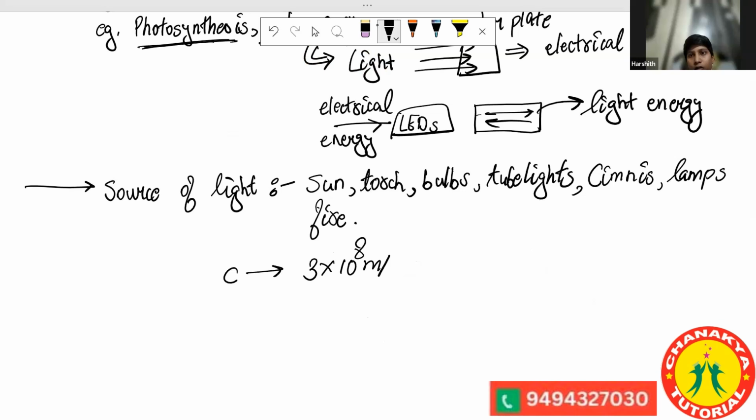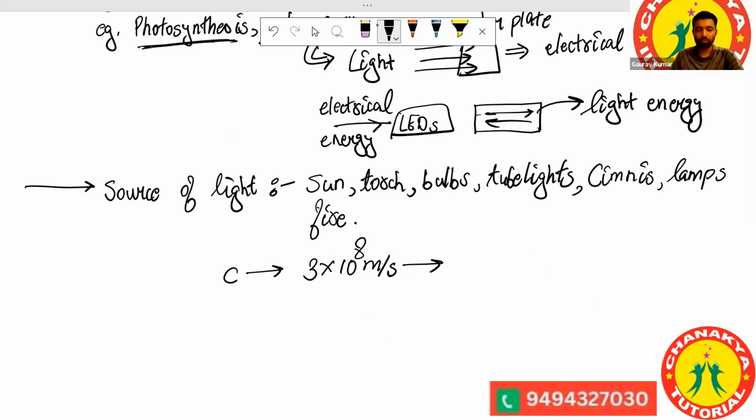Sorry, sir, it is 300 million meters per second. The speed of light is always represented by c. Remember this. Even in your higher classes, you will always use c as the speed of light.